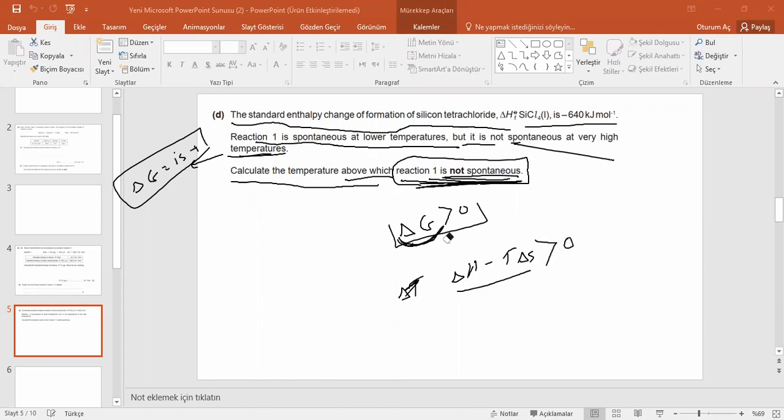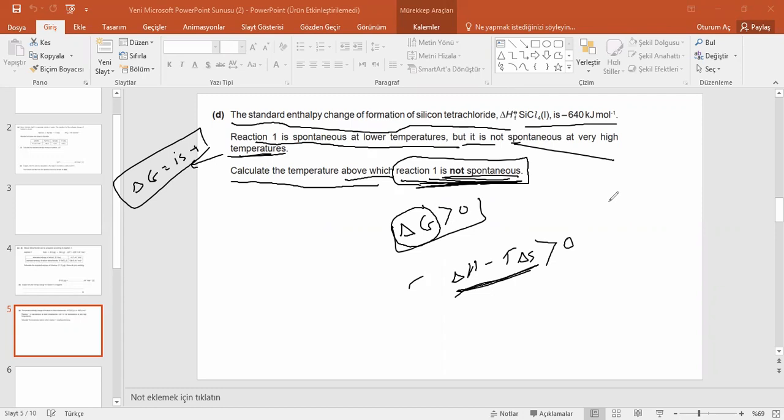Okay, so what I did here is I wrote this delta G is more than 0 because it's not spontaneous. And instead of writing delta G, I wrote delta H minus T delta S. This is a tricky question, but it can be solved this way.